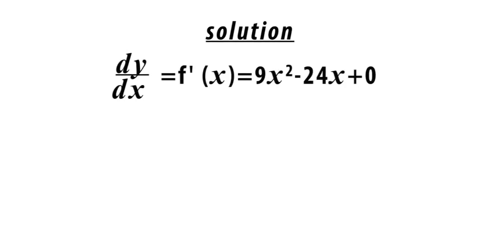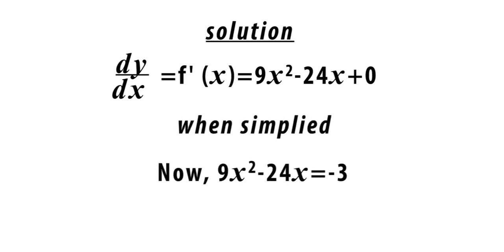So f prime of x is equal to 9x squared minus 24x plus 0. Now, f prime of x, when simplified, will give us 9x squared minus 24x. But we were told f prime of x is equal to negative 3. So in place of f prime of x, we would put negative 3. That will give us 9x squared minus 24x is equal to negative 3.